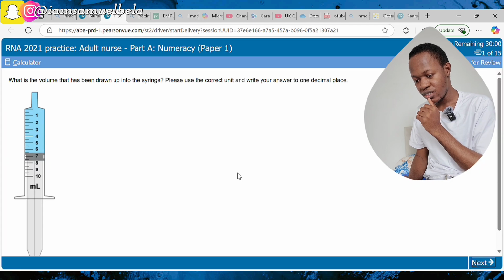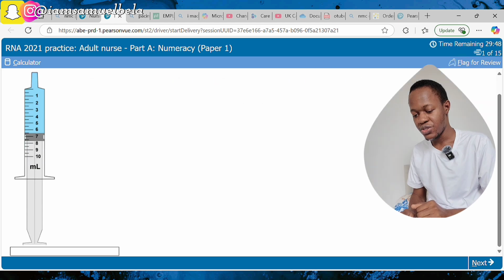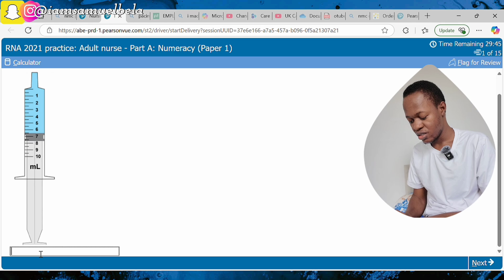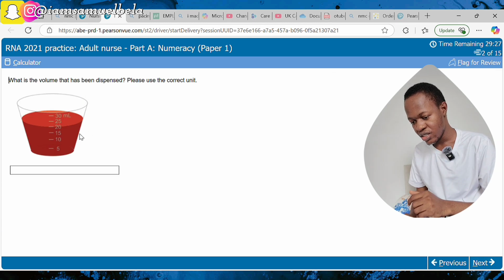What is the volume that has been drawn up into the syringe? Please use the correct unit and write your answer to 1 decimal place. Always take note of the instruction. So this is 6.5. We have not been given a unit, so we're going to write it ourselves. What is the volume that has been dispensed? Please use the correct unit. 20 ml.